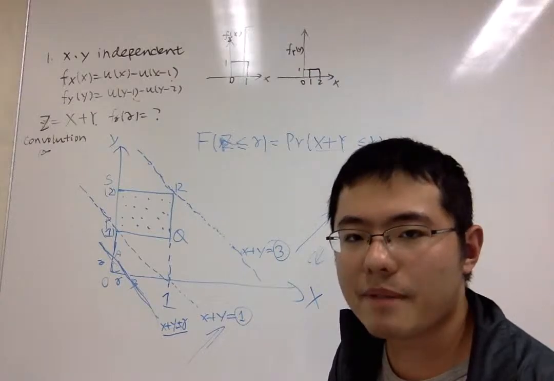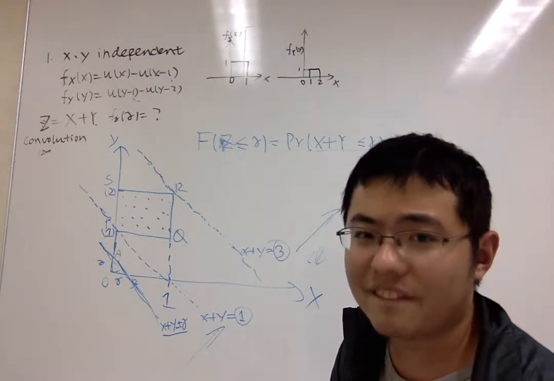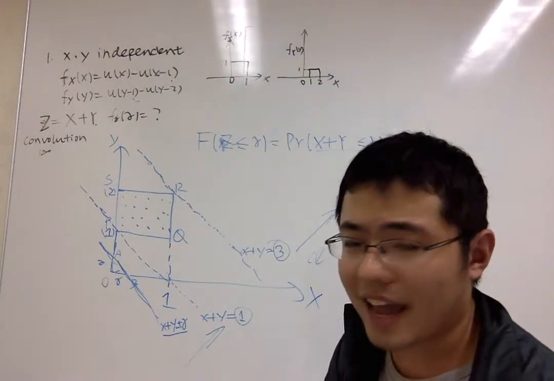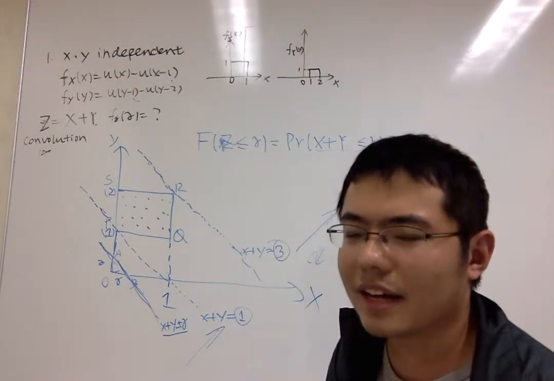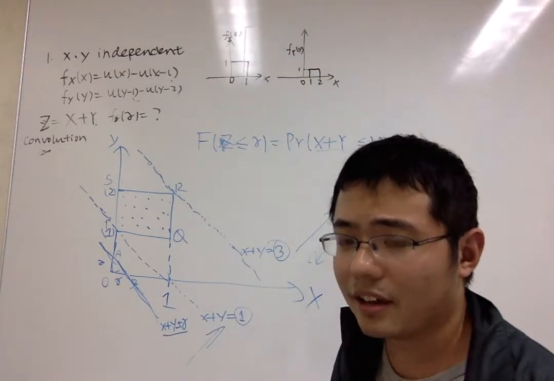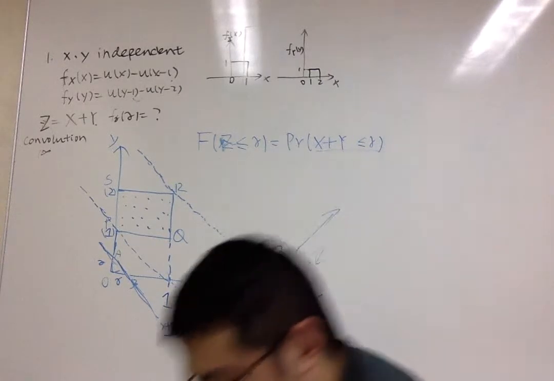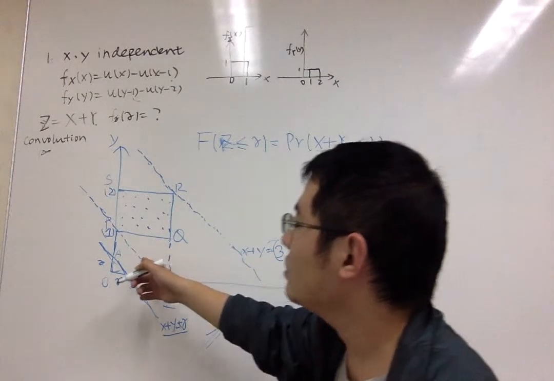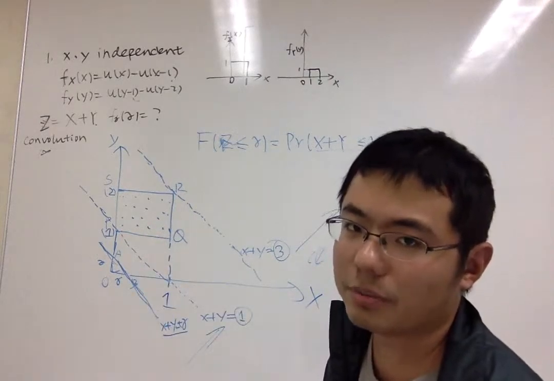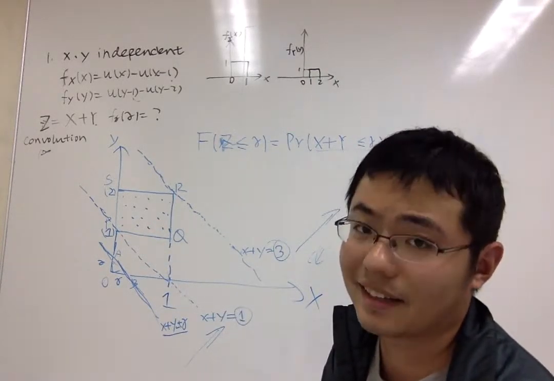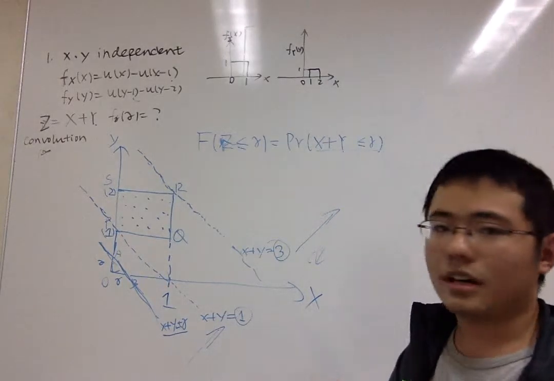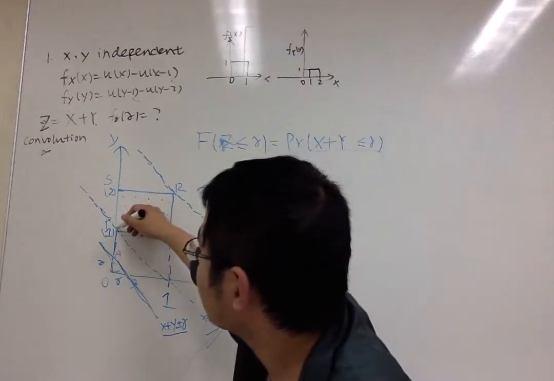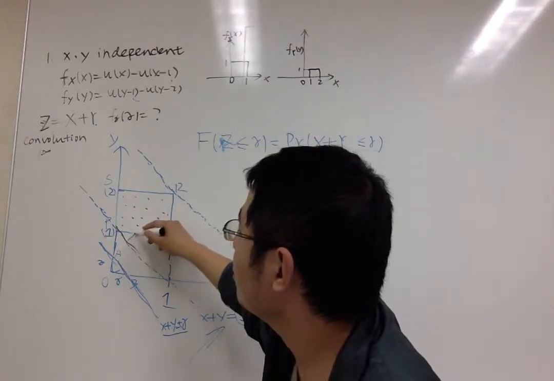However, in order to make z a valid random variable, the area should also fall into the valid area of x and y. So in summary, the area should be circled by the straight line and also the side lines of the square. So we're going to try this. The area starts from this, and we're going to move.